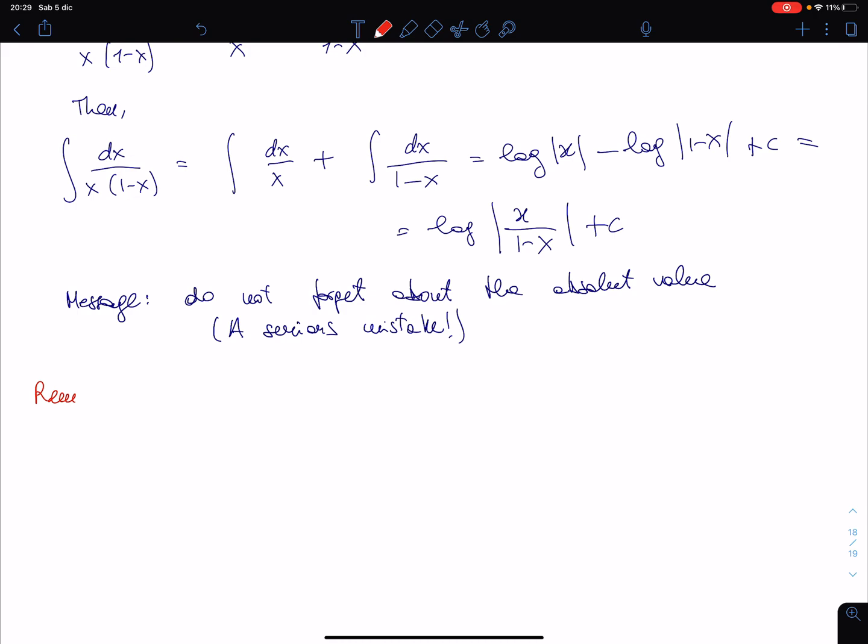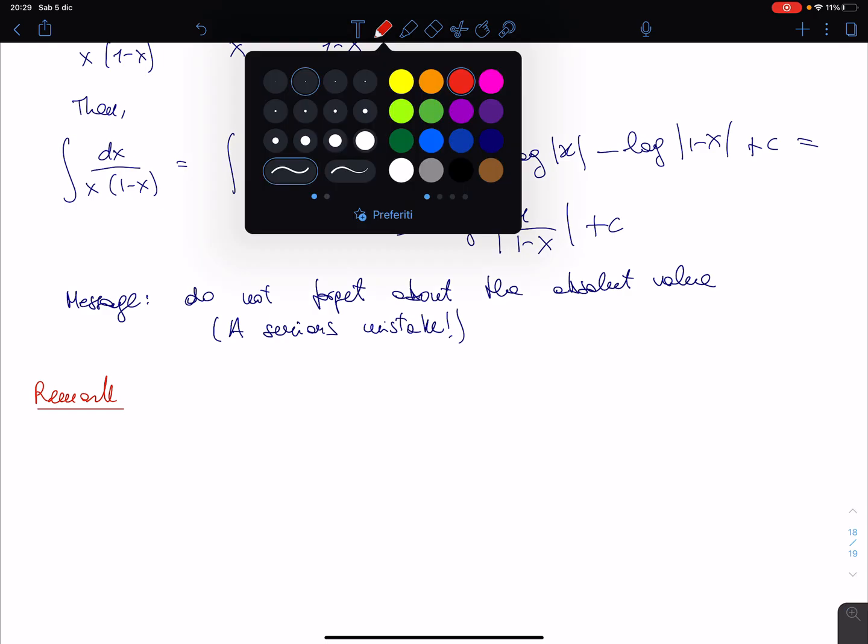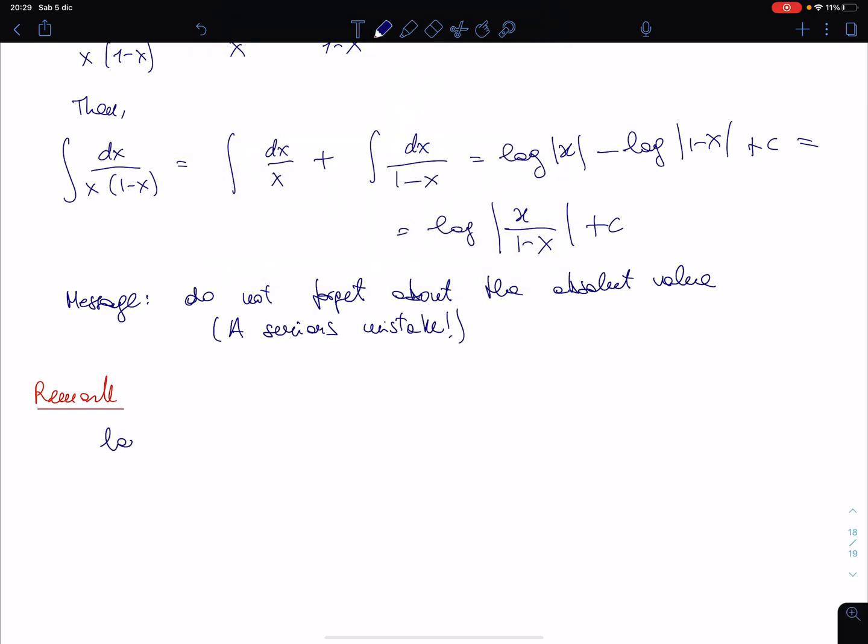And the remark is the following: the log of absolute value of x is equal to log x for x larger than 0, log minus x for x less than 0.